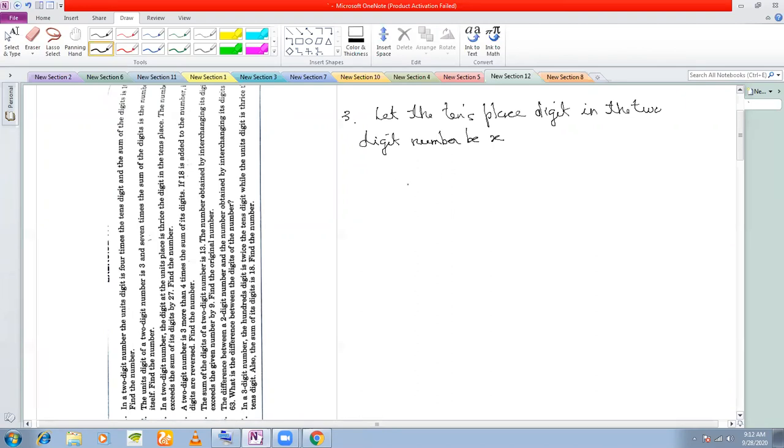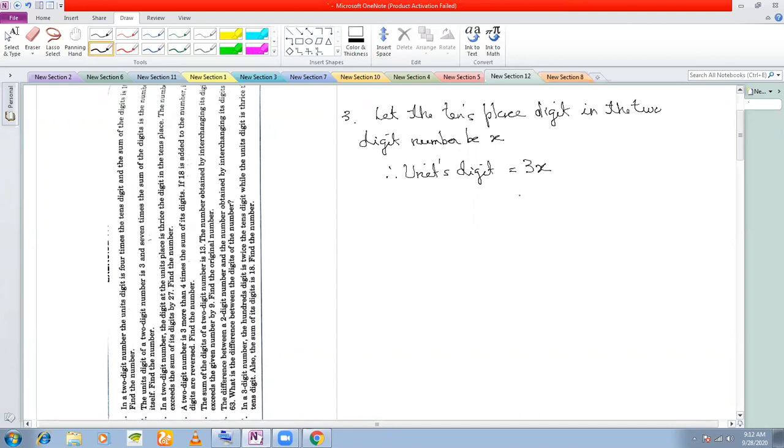Okay. So therefore, what is the units digit? If you read the problem here, the units digit is thrice the digit in the tens place. So units digit is equal to 3 into tens digit, 3x.